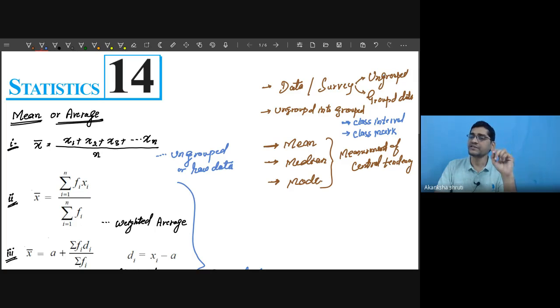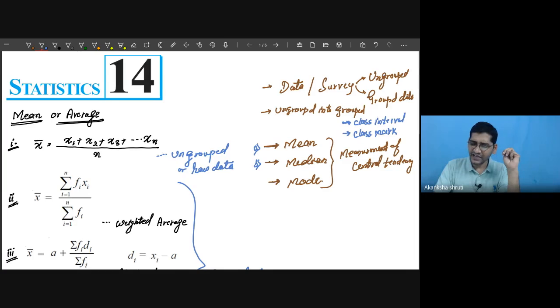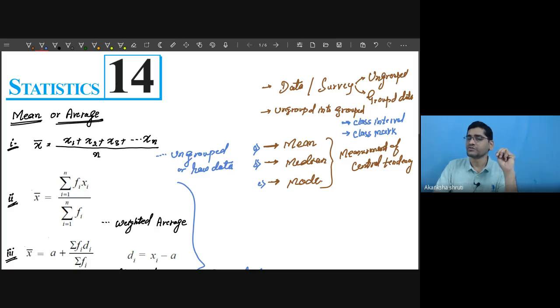Now this central tendency or central point of the data can be given in three ways. One is called the mean, another is called the median, and the last one is called the mode. So there are three ways of expressing this central tendency or center point of a data. Today we will learn about the mean. So what is mean?